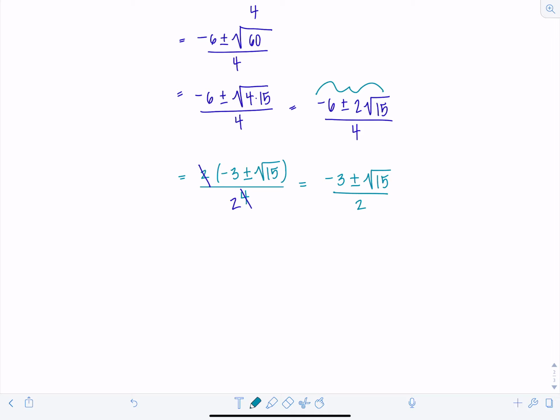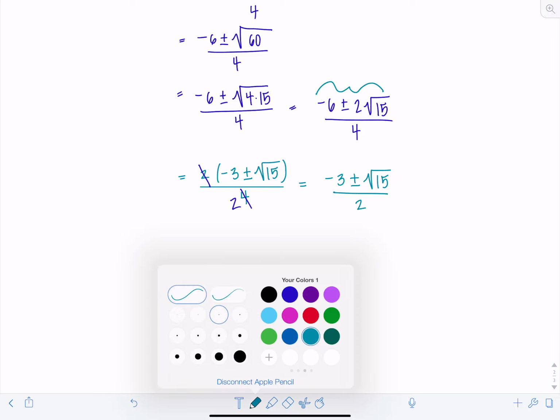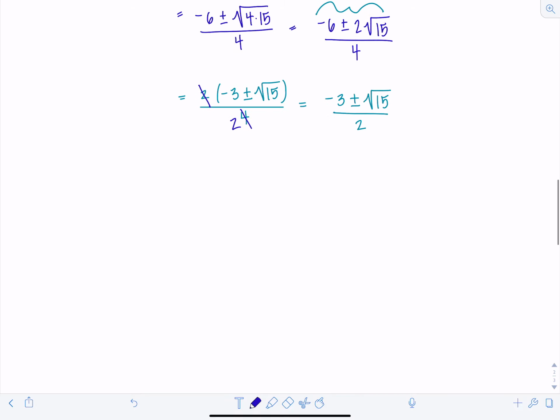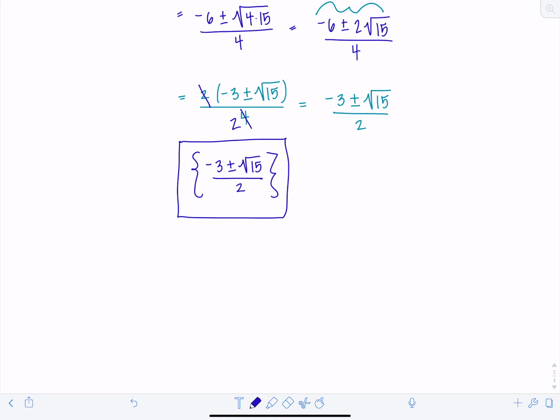So we can go ahead and list this in our solution set. So in the solution set, we have negative 3 plus or minus rad 15 over 2. Now keep in mind, these are two distinct solutions.